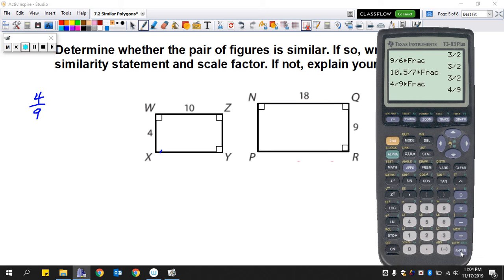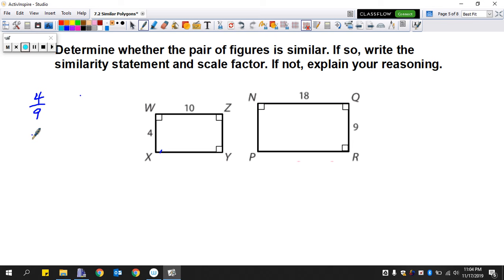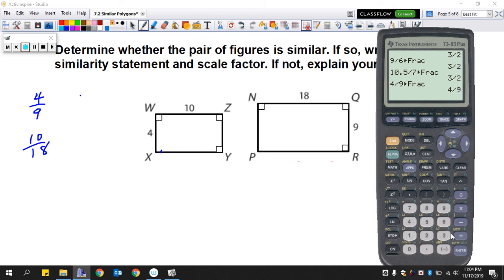Yep, so that's 4/9. And the width is 10 to 18. And when we plug that in, we end up with 5/9.